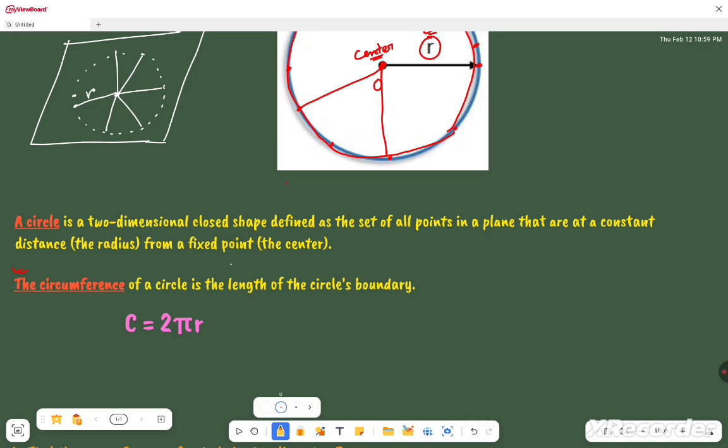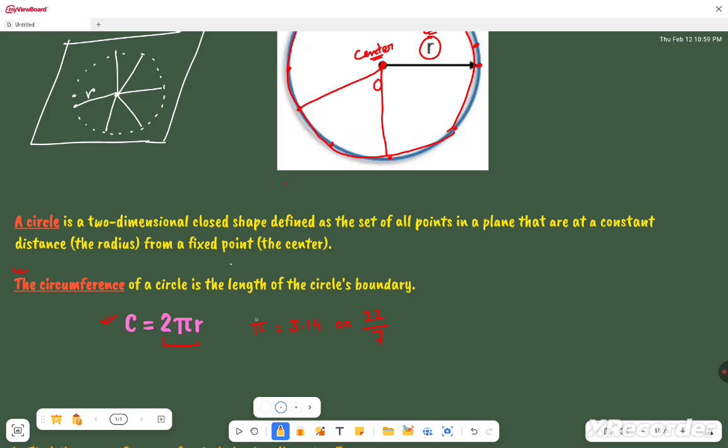And in mathematics, we have a formula for the circumference of the circle, and that formula is 2 pi r. The circumference of the circle is equal to 2 pi r. So what is pi? Pi is a constant value, and we will take either 3.14 or 22/7.